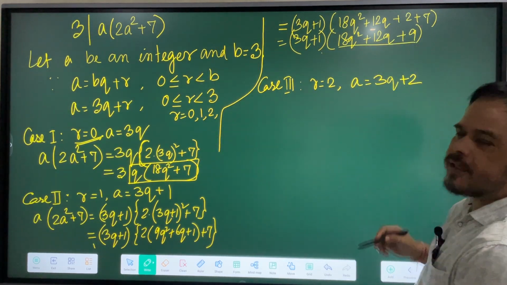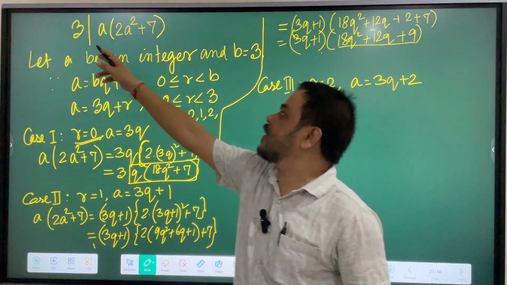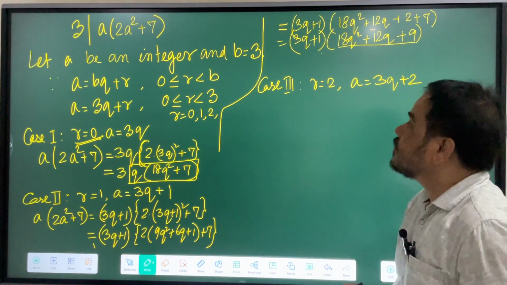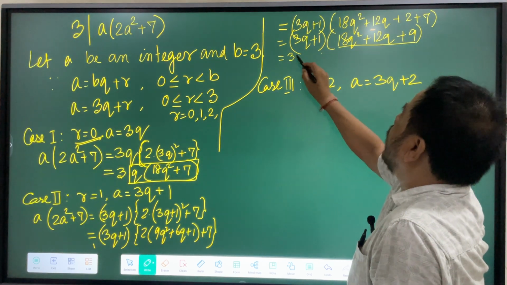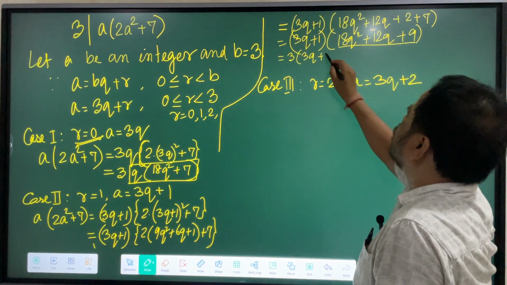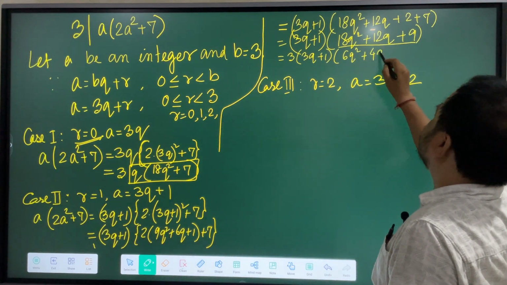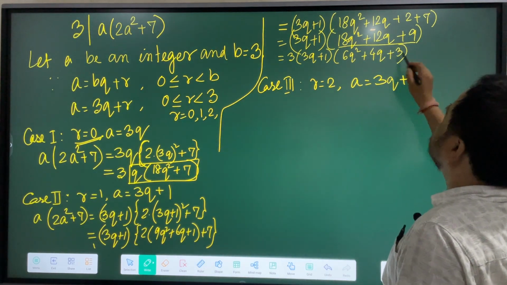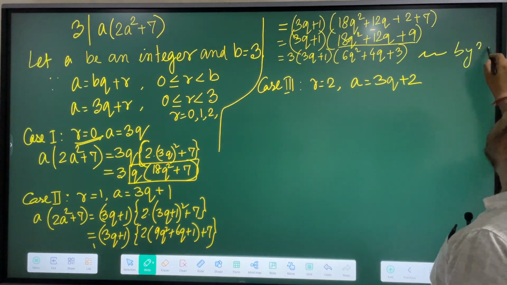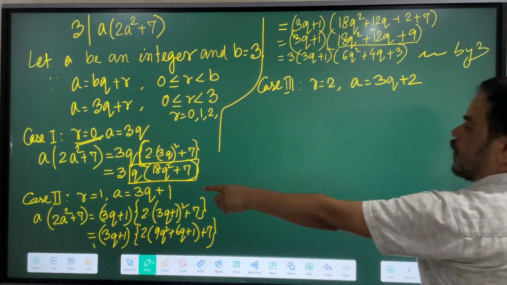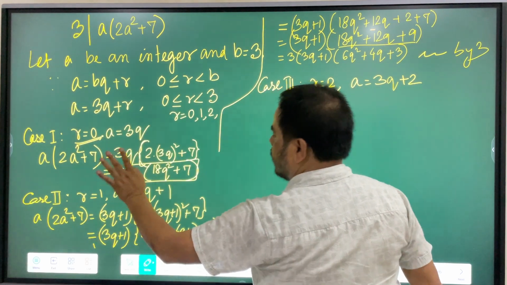From here we can take 3 common, because our aim is to get 3. So 3 common: 3 sixes 18, 3 fours 12. So it's divisible by 3. So 3 divides a into 2a square plus 7 in case 2.